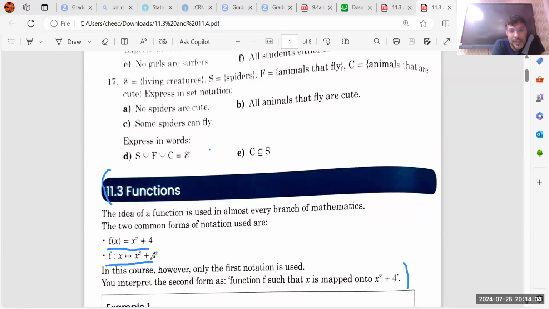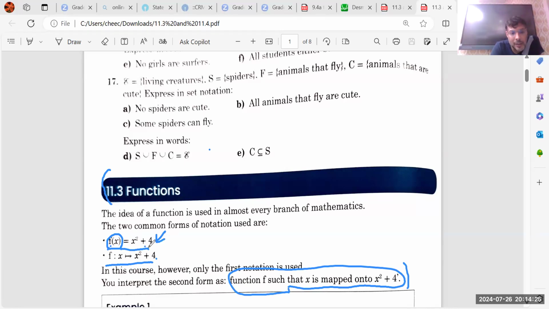Now, right now, because I'm just giving you an introduction, you just take a function as an equation of x. So this is read as function of x, f of x is equal to x squared plus 4. This is read as function f such that x is mapped onto x squared plus 4. Generally we always use the first notation only.